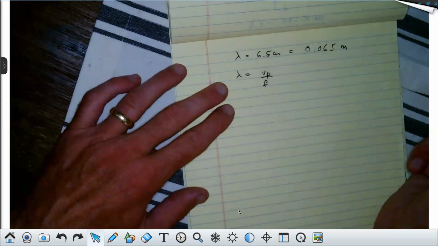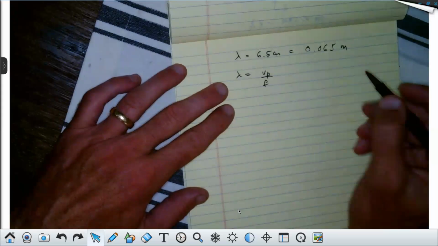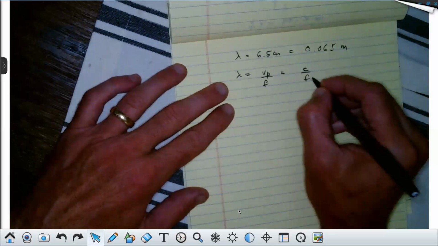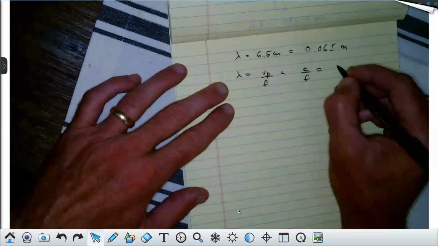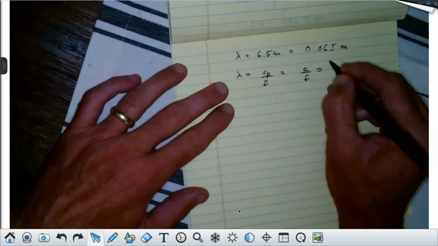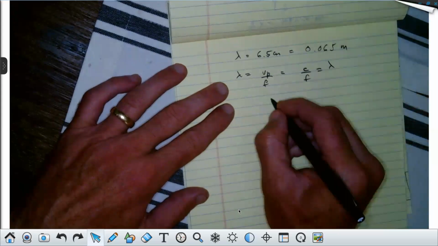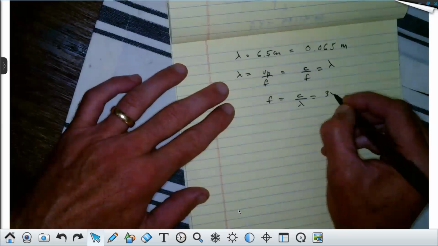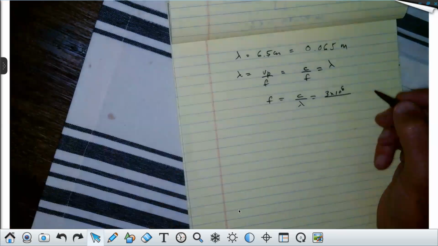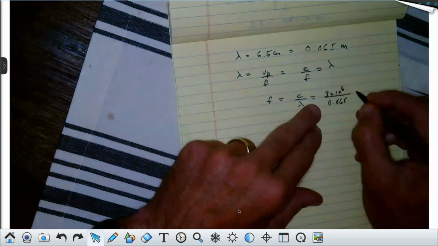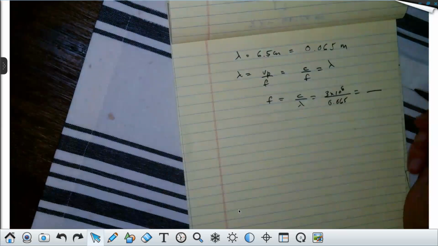We could go through the proof on this for a lossy line and see how it actually defaults to that. But since it's an air-filled line, this becomes the velocity of light over f, or c over f, and we want f. So f is equal to c over lambda. So it's 3 times 10 to the 8th meters per second divided by a wavelength of 0.065. And what is that going to be? Anyone?